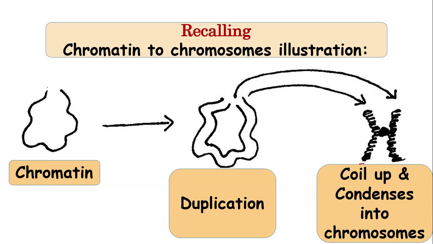In this form it is called a chromosome, because it is made up of double chromatids, and the double-stranded DNA twists over each other. In this way it condenses, so it's called a chromosome.